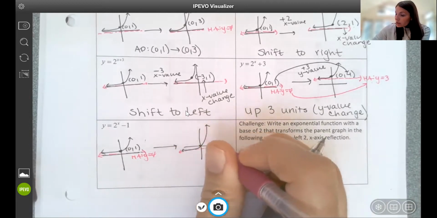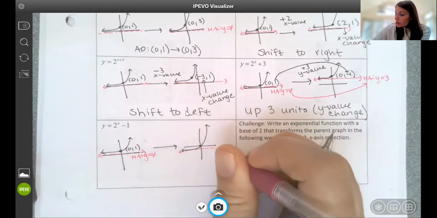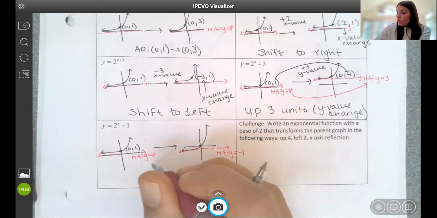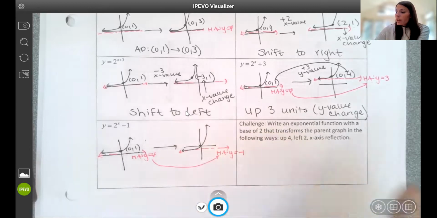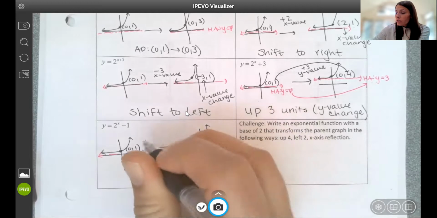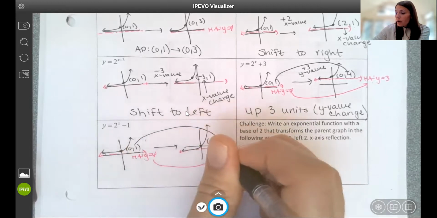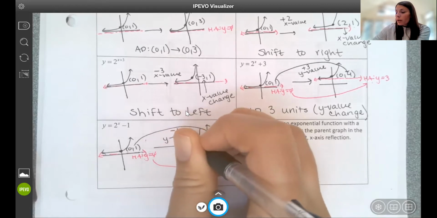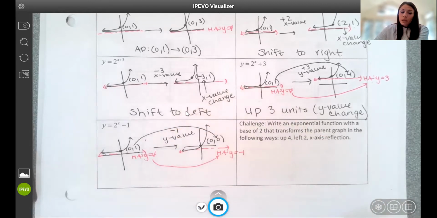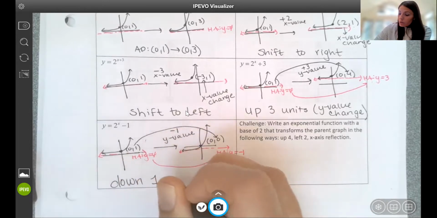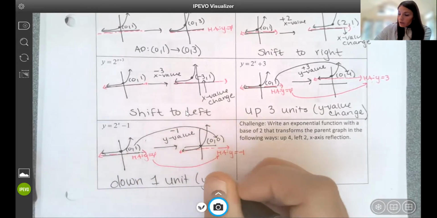And now, instead of approaching 0, I'm approaching -1. My asymptote moved down 1. Instead of my anchor point being at 0, 1, now it's at 0, 0, which is just taking that y value and subtracting 1 from the y value. So I went down 1 unit, and it's a y value change.